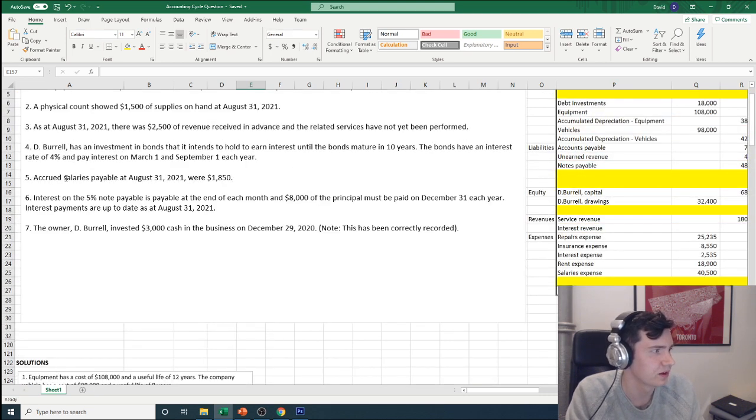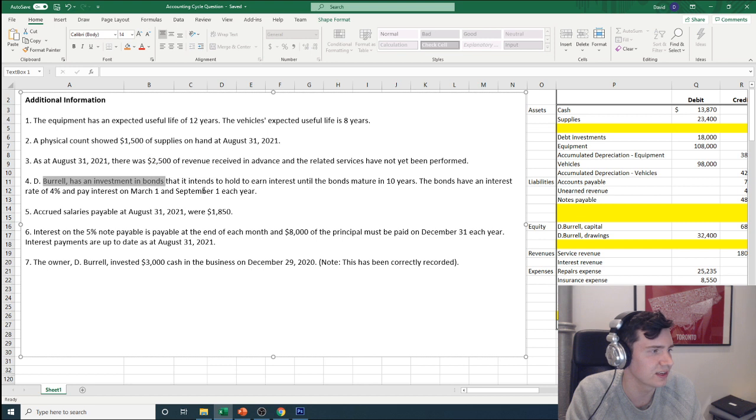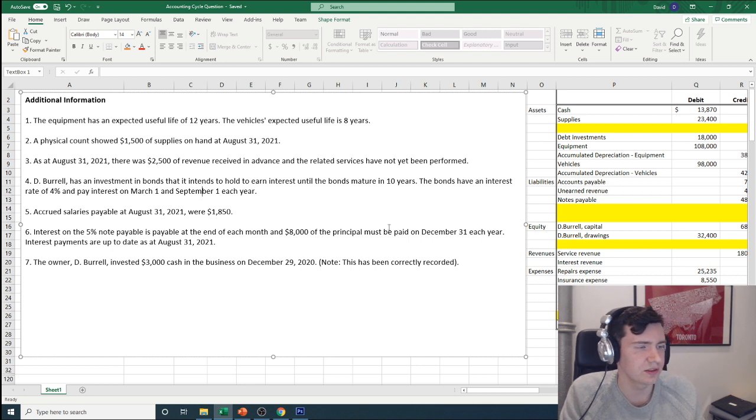Next up, DBREL has an investment in bonds that it intends to hold to earn interest until the bonds mature in 10 years. The bonds have an interest rate of 4% and pay interest on March 1st and September 1st of each year. What are we going to do here? So, where are the bonds at?